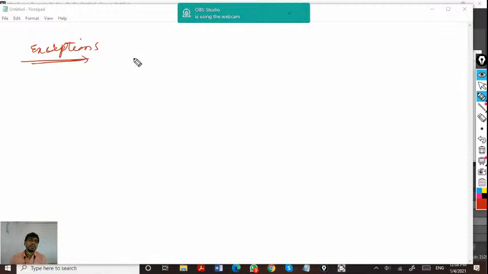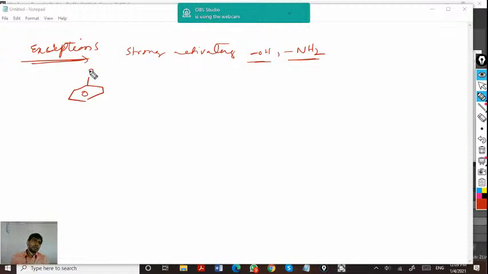Exceptions means whenever strong activating groups like OH and NH2 groups are there. These are strong activating groups, right? When a strong activating group is there, it increases the electron density heavily or extensively.